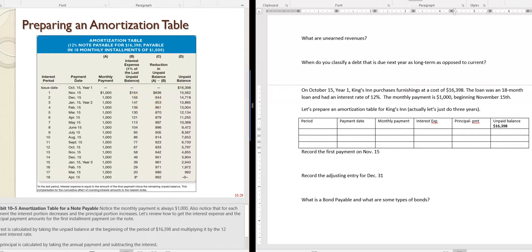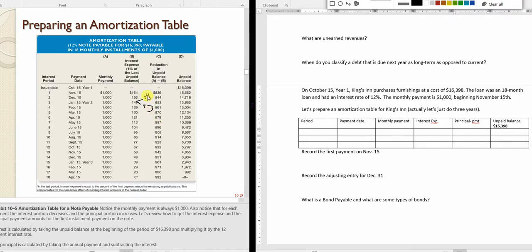And this 147 is broken out into two things. One that was December 15th to December 31st. I forget the number, but I think it was 74. And then I have $73 that pertains to January 1st to January 15th.